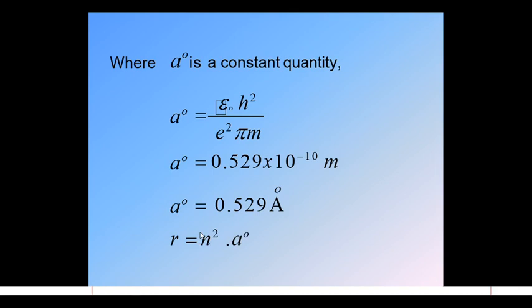That means the radius of the electron's orbit may be either a0, 4a0, 9a0, 16a0, etc. It can never have values like 3a0, 5.3a0, etc. So the radius of the electron can have specific values allowed by the Bohr model as Rn is equal to n square into a0.